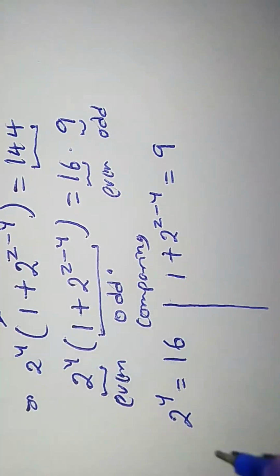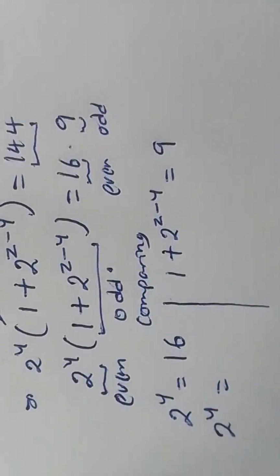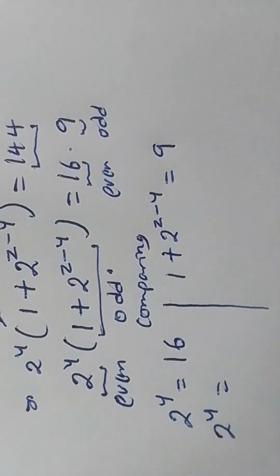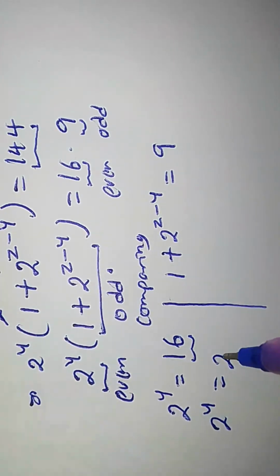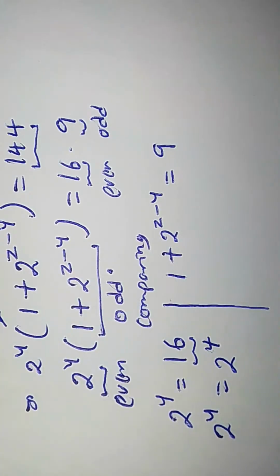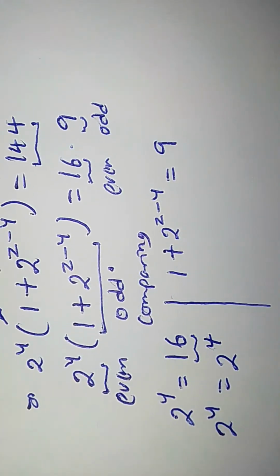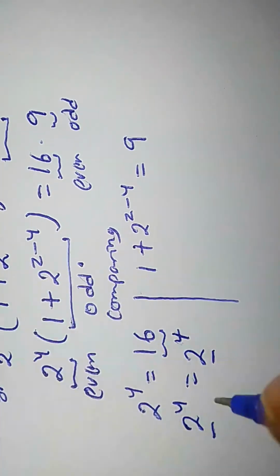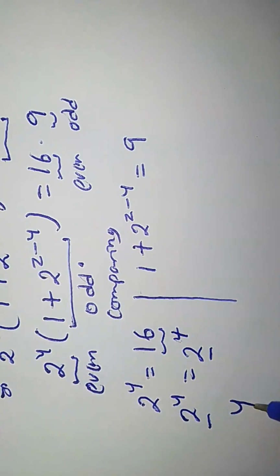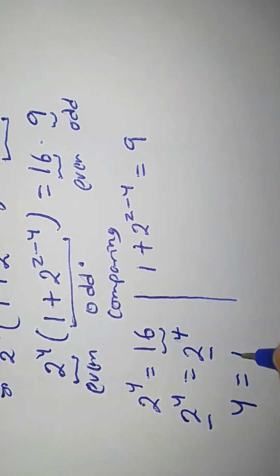Let's consider this first. 16 could be written as 2 to the power of 4. And since the base is the same, we can claim that the power must be equal. y is equal to 4.